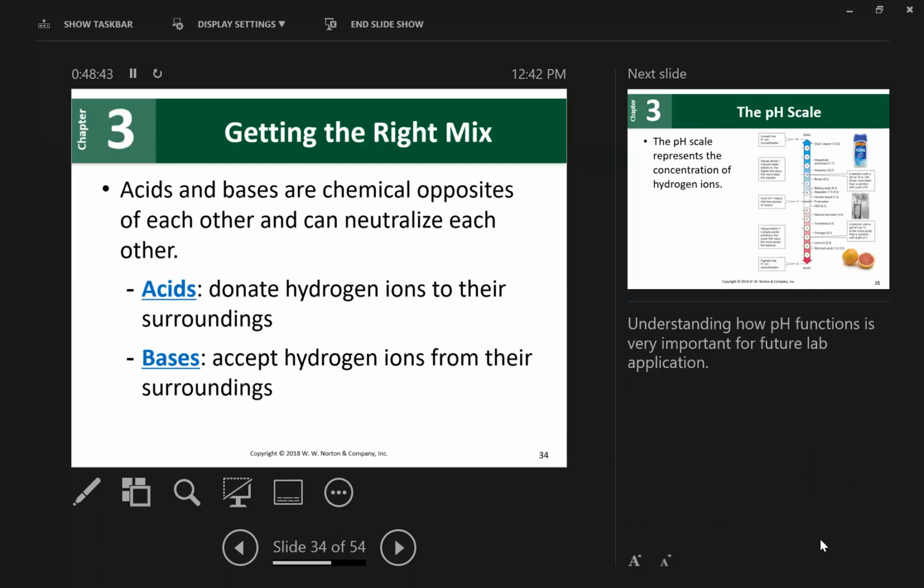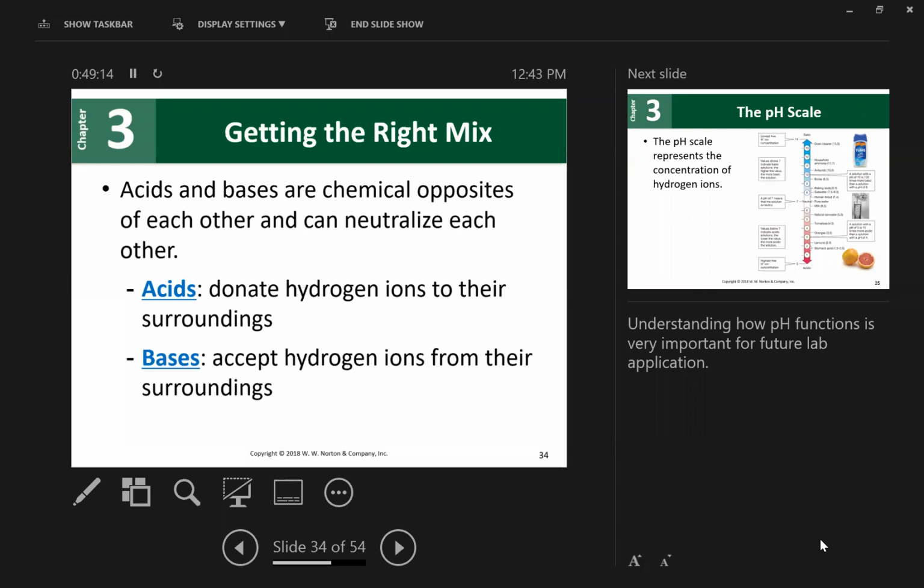Okay, let's change gears for a moment. And now we're going to start talking about the acidity or the baseness of these different elements and compounds. So pH is when we're measuring how well a substance can take on more hydrogen ions. That's what we're measuring when we look at a pH scale.